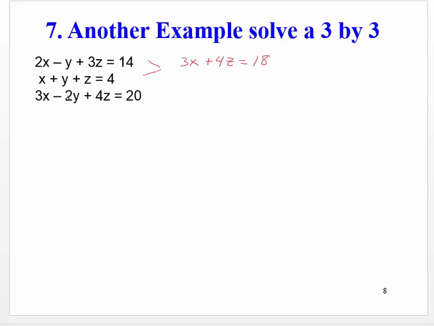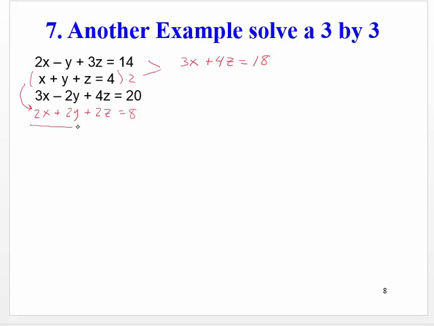Now we have to eliminate the same variable and use different equations. So let's use this one and this one. But they won't eliminate immediately, so same trick. We just multiply this one times 2. If I multiply that one by 2, I can just write that down here: 2x plus 2y plus 2z is equal to 8.